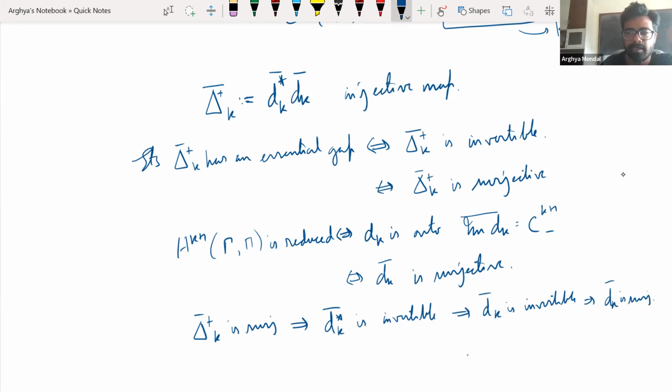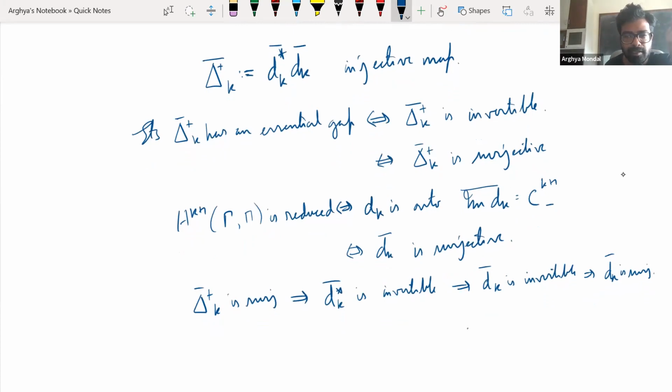So that is one side. And on the other hand, if dk bar is surjective, then dk bar is invertible, and then delta plus k bar is invertible and surjective. Right. So that concludes the proof.